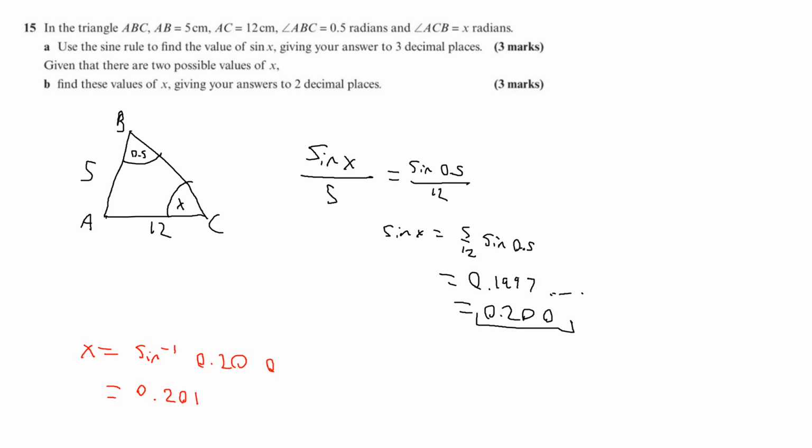So let's do pi minus 0.201, and we get an answer of 2.94. I'm going to get rid of the 1 here just because they want it in 2 decimal places. But the important thing to note is it's exactly the same as if it were degrees. The only thing that changed is the unit of the angle. That is the only thing that has changed.